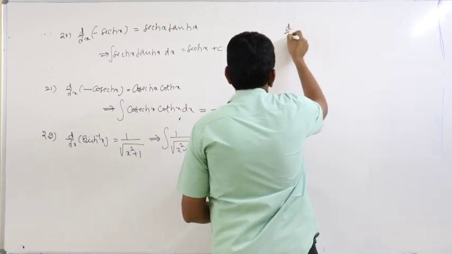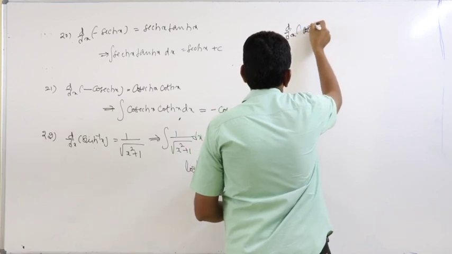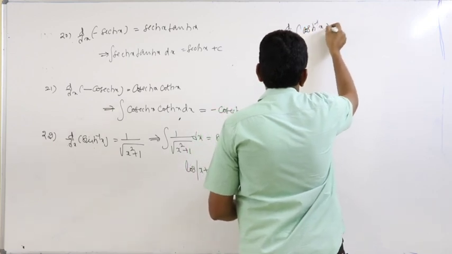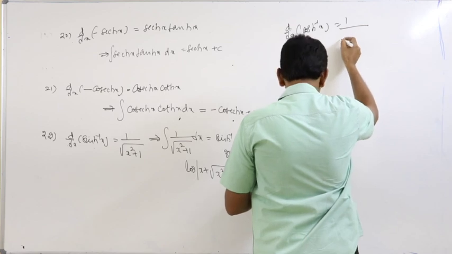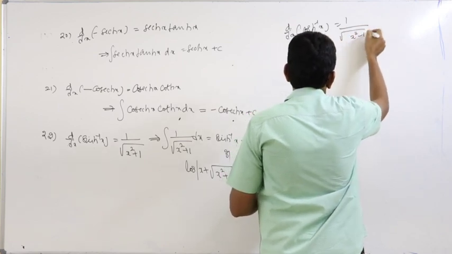Next one, derivative of cosh inverse x is equal to 1 by root of x square minus 1.